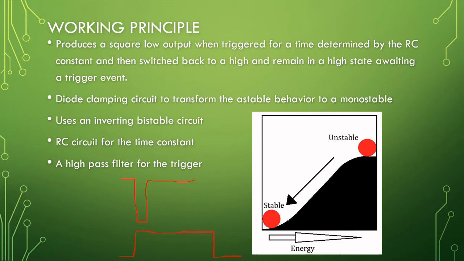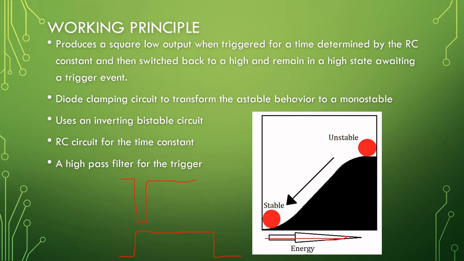Mono means one. So the system can be resting here in the stable state. We insert some energy, pushing it up the hill, and after a time it will roll down again. The trigger is the energy, and this extended period of time is before it becomes stable again.